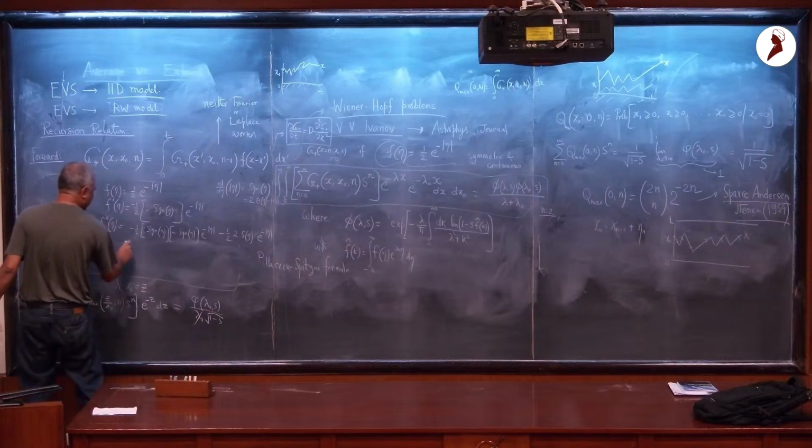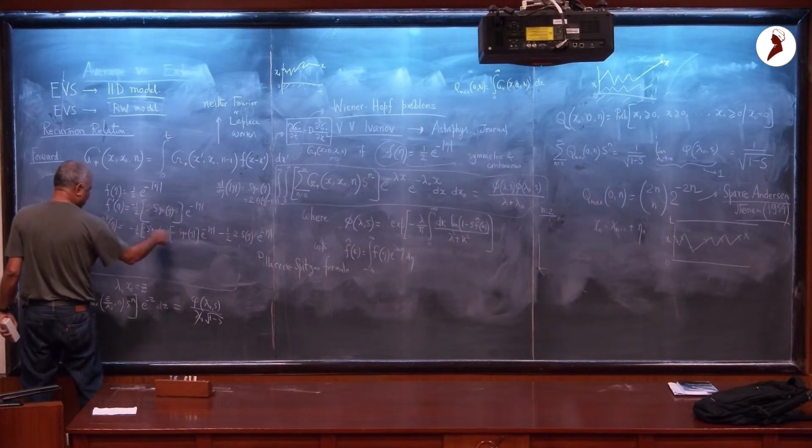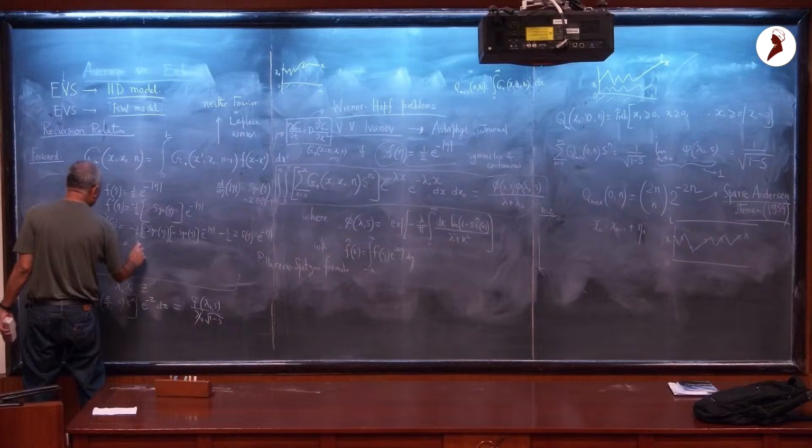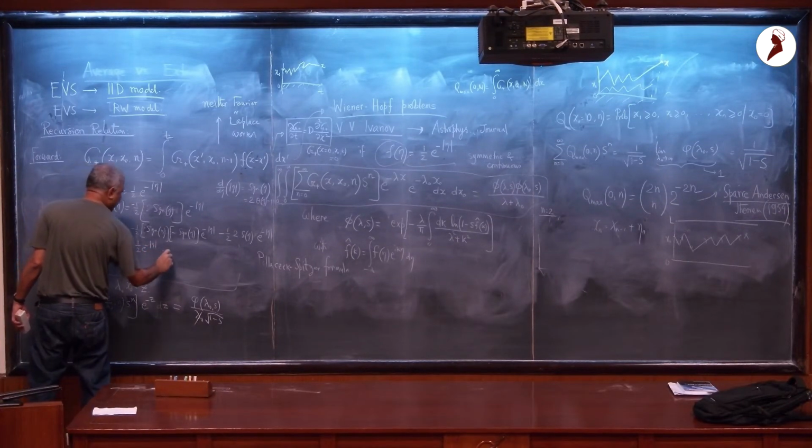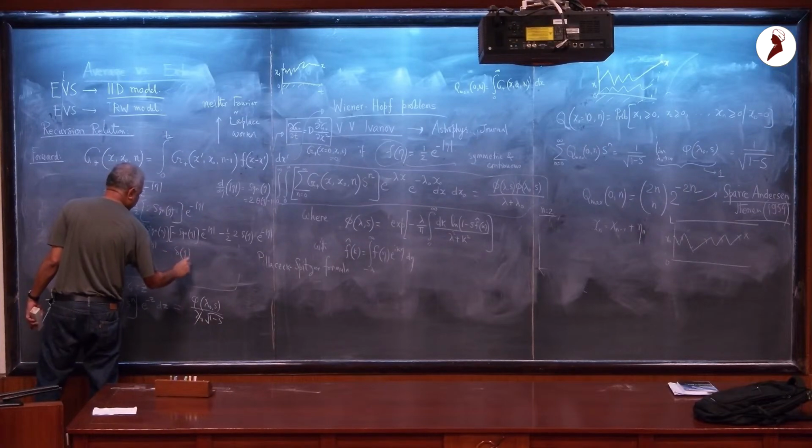What's the point of all this? Because sign eta squared is just 1, right? So what you have is half times e to the power minus mod eta, that's the first term, minus delta function of eta.